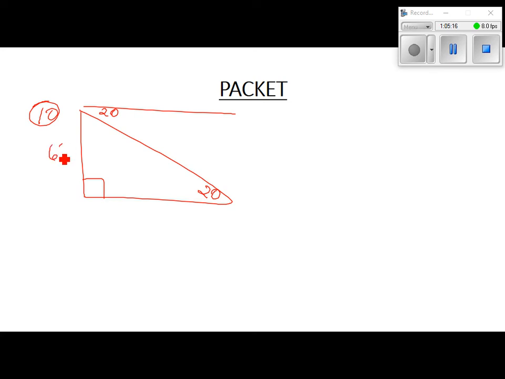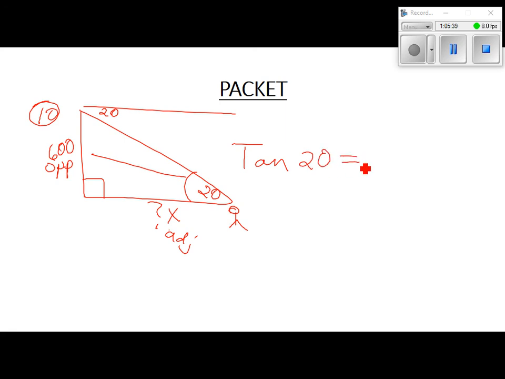They want to know how far your friend is standing down here, somewhere looking at you. So that's the opposite. This is the adjacent. So which trig ratio?